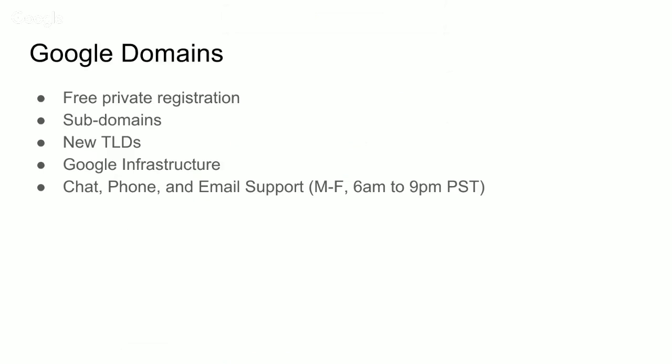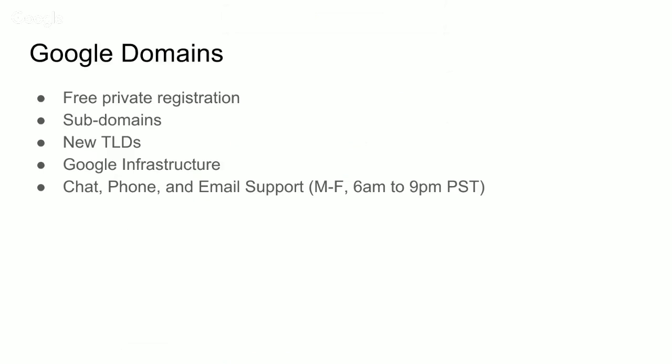Namecheap's cost for the domain is cheaper, but the private registration is not free. And so if you look, the end result is that Google's are a few cents cheaper per year for things like .com, the mainstream domains. Now, Namecheap, if you want some of the new domains, is cheaper on those, I think.